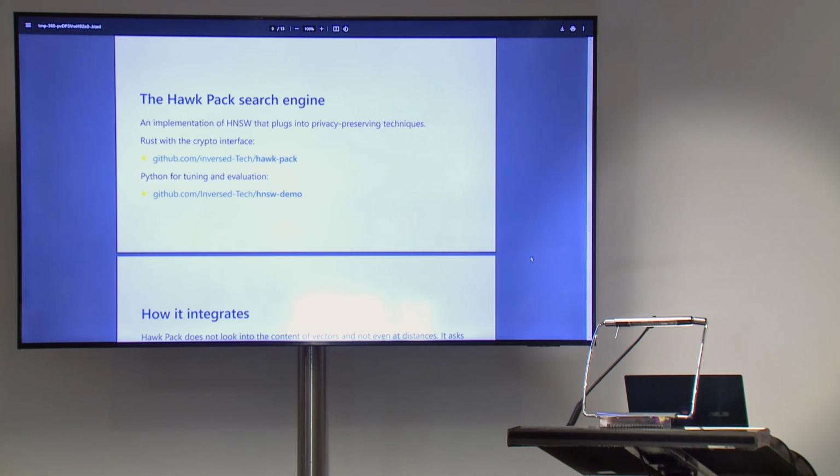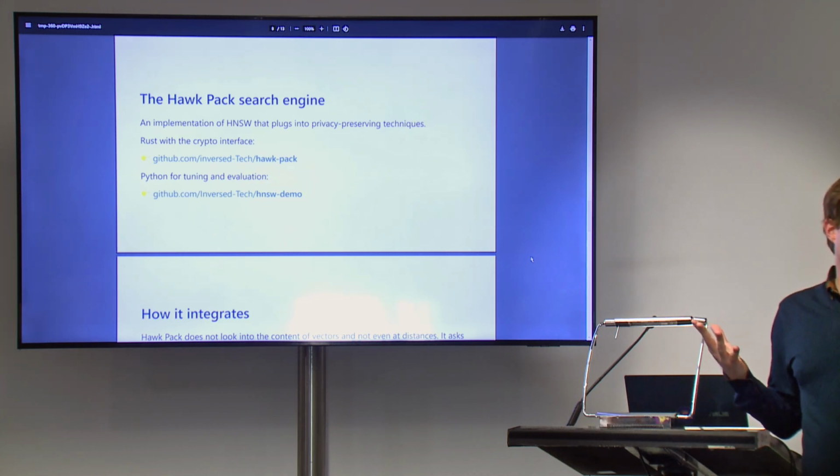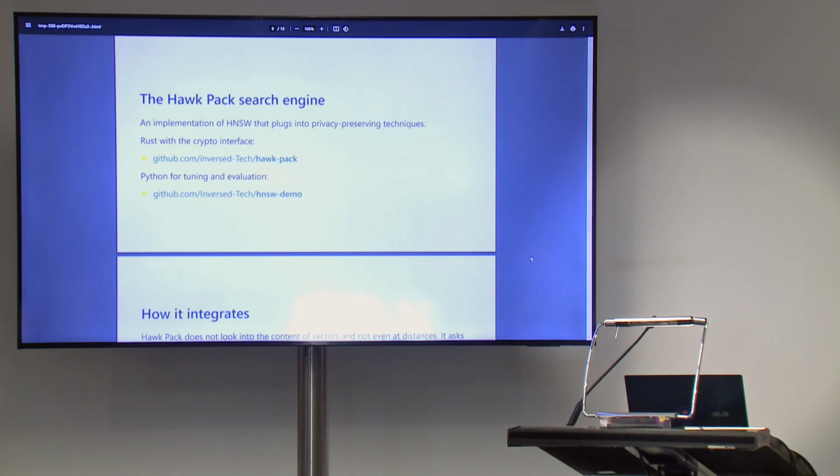And we have two implementations. One is in Rust, and that's where you're going to plug in the crypto. So this Rust library is going to drive your cryptographic protocol, right? So in the application, you have to choose how you're going to do MPC, what technique you use, and HawkPack is going to tell you what to do, like the sequence of steps.